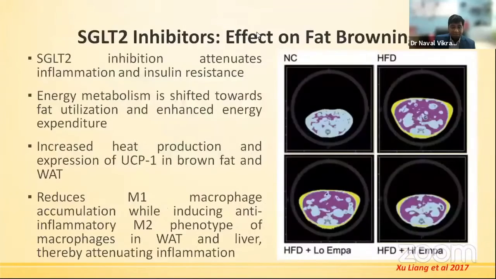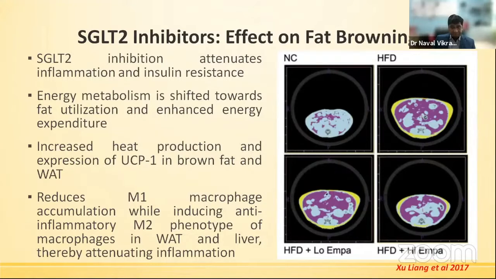Now, something which is available with us and which may be beneficial is the SGLT2 inhibitors. Now, SGLT2 inhibition has been shown to attenuate inflammation and insulin resistance. And it has been shown that the energy metabolism is shifted towards fat utilization and energy expenditure.